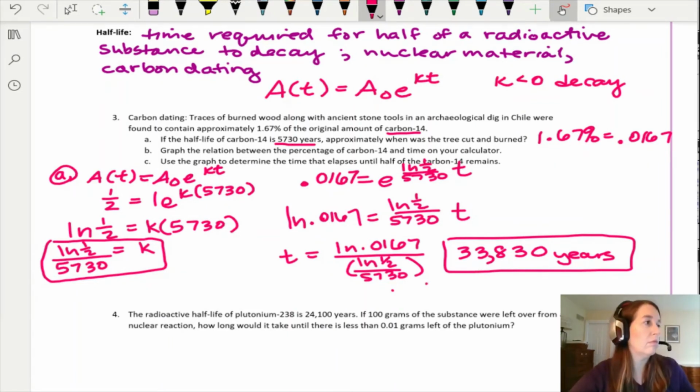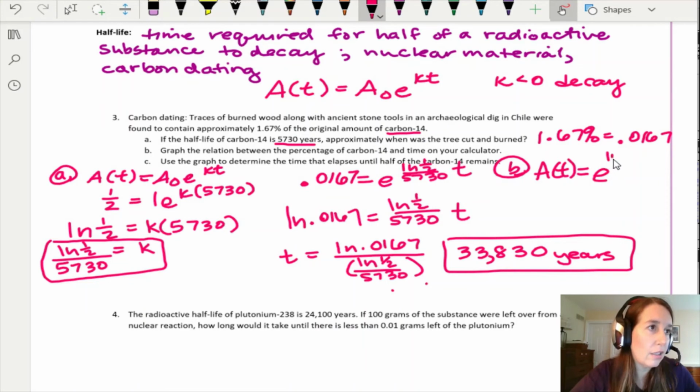Okay, so to graph this equation for part B, I'm going to write down the equation for us because I think we didn't specifically write down A of t equals e to the natural log of 0.5 over 5730 times t.